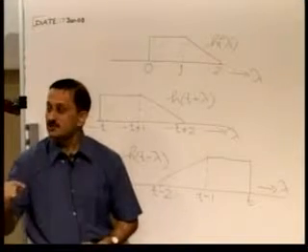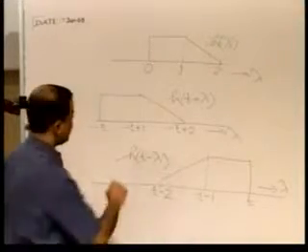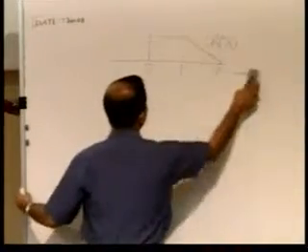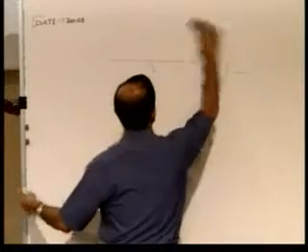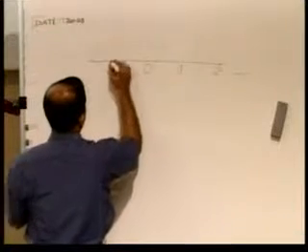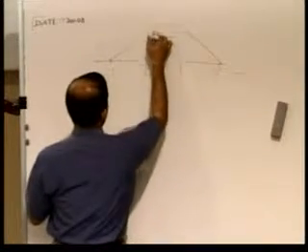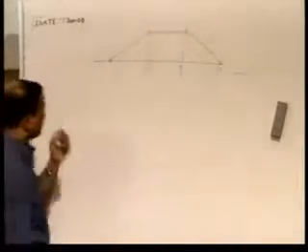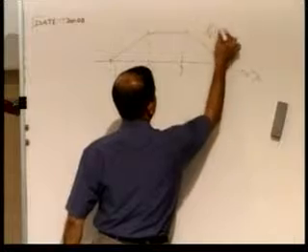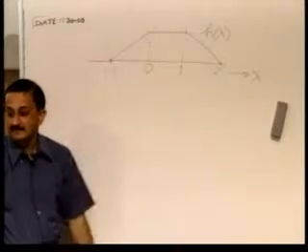Let's employ this approach to quickly writing down by inspection the function h of t minus lambda for another example. Suppose we had this h of lambda. To write down h of t minus lambda, how would it appear?